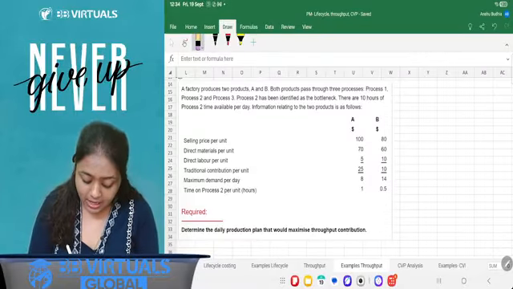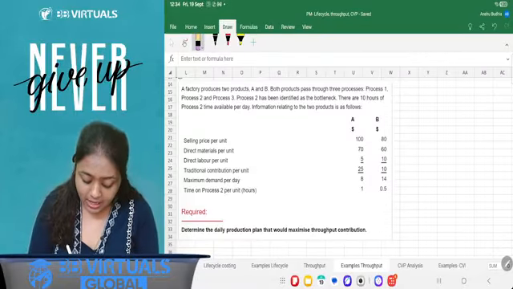Okay. So now I would just put up here what step 1 is that you will be doing. Step 1 is calculate throughput per unit for both the products.